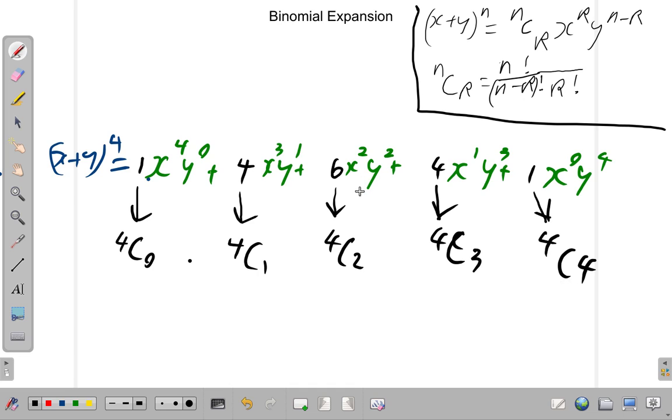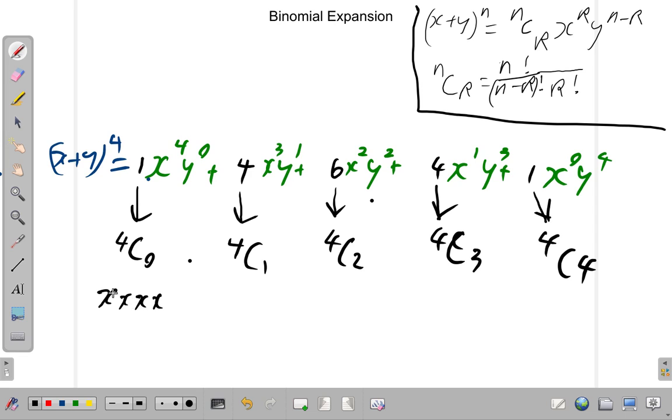Now we're looking again at why these combinations actually take part in this. Here, this is saying that you have 4 letters available. You have x and y, 4 letters available. How many ways can you arrange them? Where you choose no y's, it would be x by x by x by x.